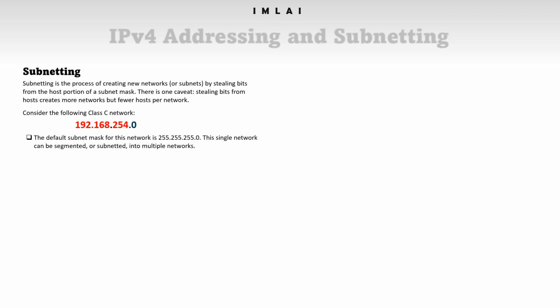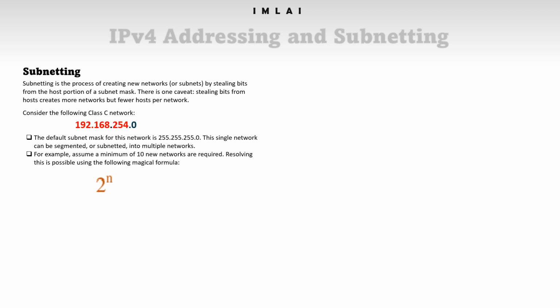This single network can be subnetted into multiple networks. For example, assume a minimum of 10 new networks are required. Resolving this is possible using the following magical formula, 2 power n, where the exponent n identifies the number of bits to steal from the host portion of the subnet mask.